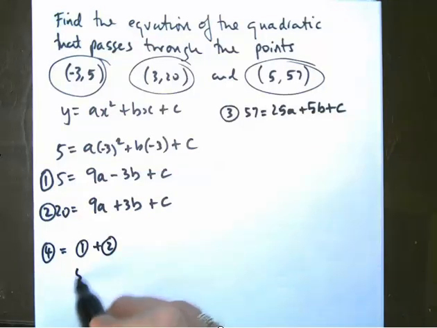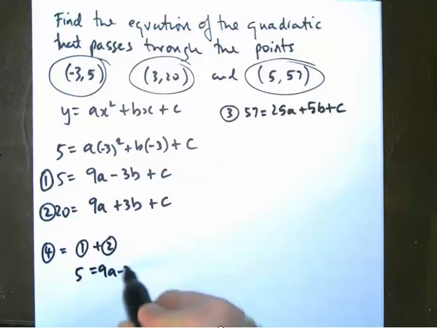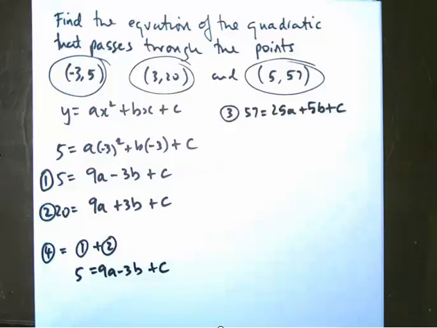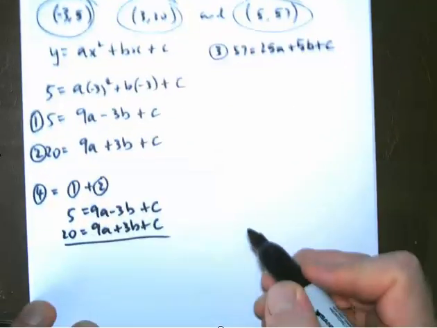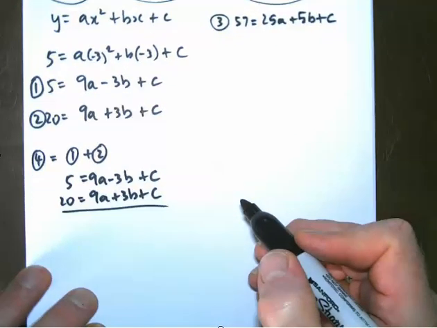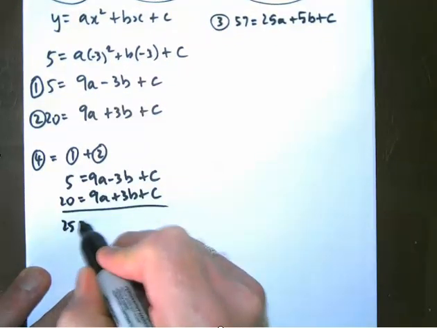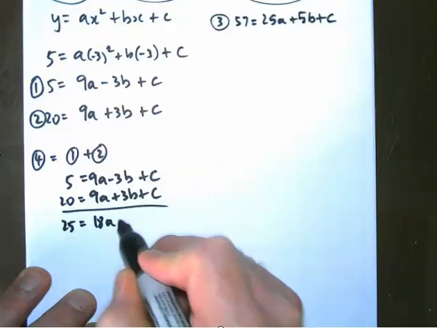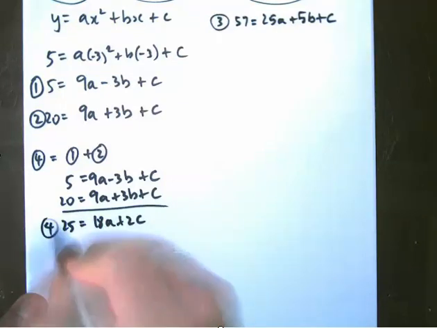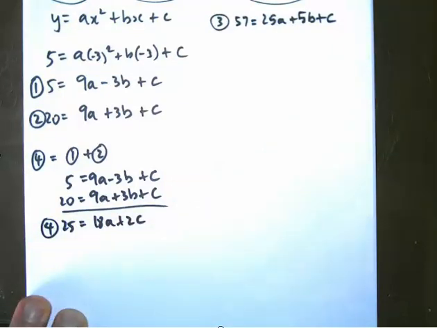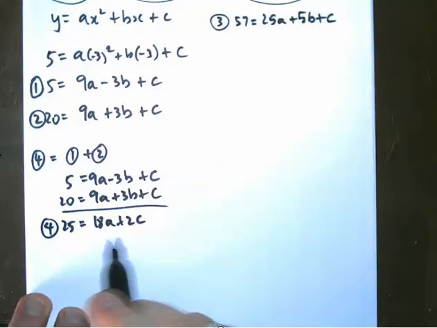Equation 1 is 5 equals 9a minus 3b plus c, and equation 2 is 20 equals 9a plus 3b plus c. If I add those two together, I'm going to get 25 equals 18a plus 2c, and I'm going to call that equation number 4.